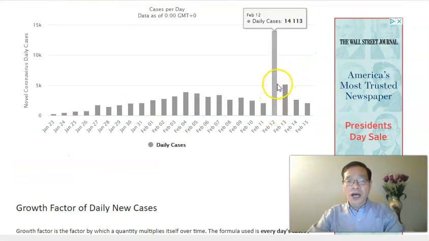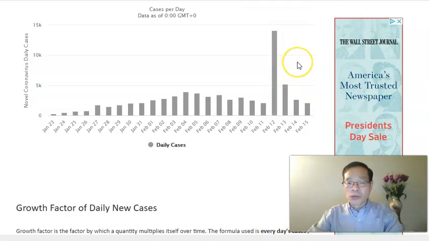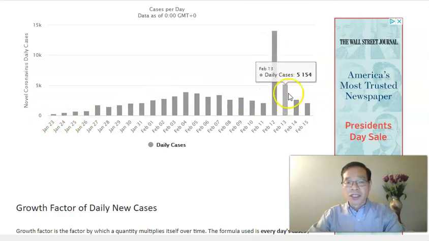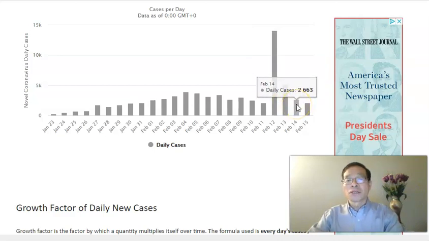Of course, this high number is due to the change of diagnostic criteria to include all the clinically diagnosed cases. I guess this is a cumulative of all the period, so this number is kind of deceiving. So start from here, from 5,000, and drop to 2,000, and here it is just a little bit over 2,000.